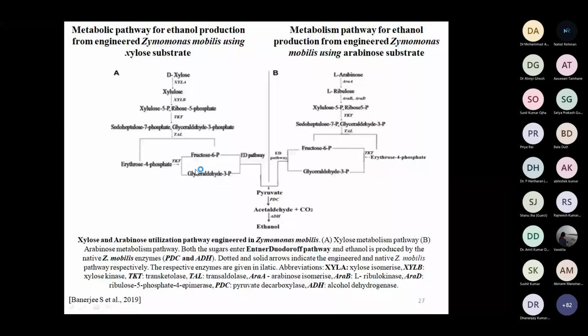So you can start with arabinose or xylose. In this pathway, you can see how different enzymes are playing a very important role. So integration of these pathways is important in the selected microbe. And naturally, for integrating that pathway, you can insert the genes through one plasmid or by integrating helper plasmids.